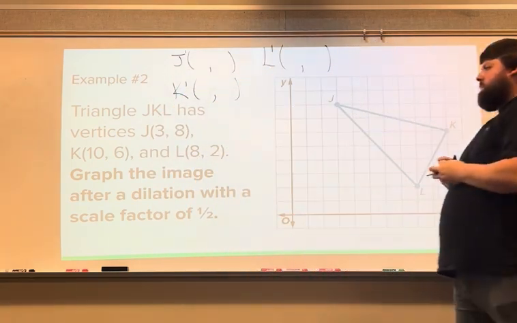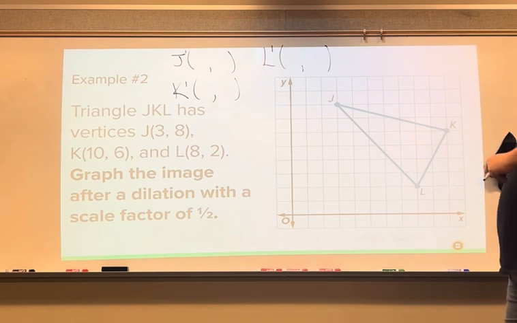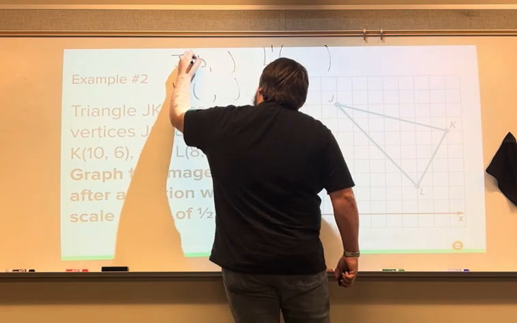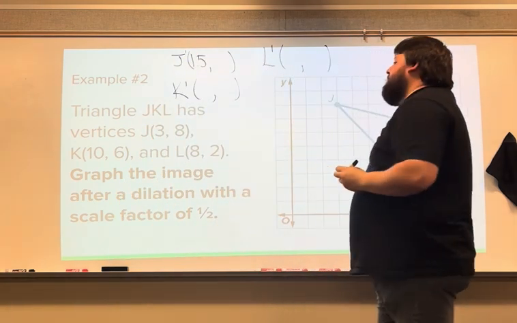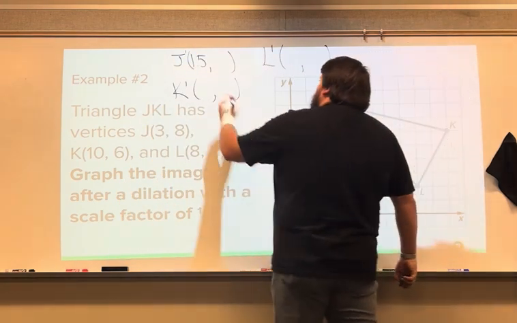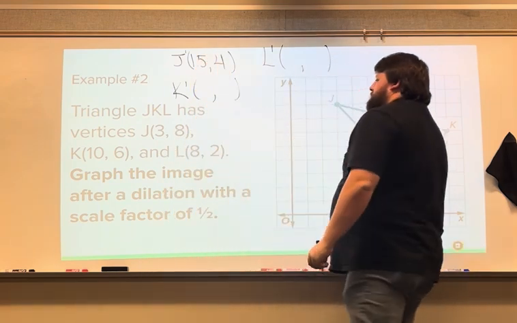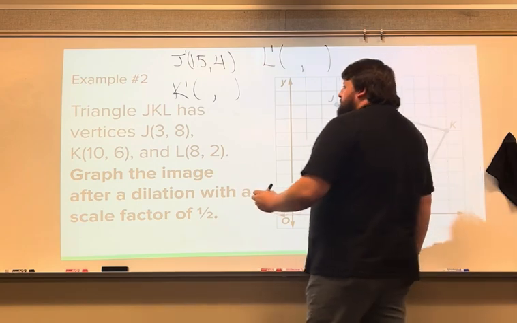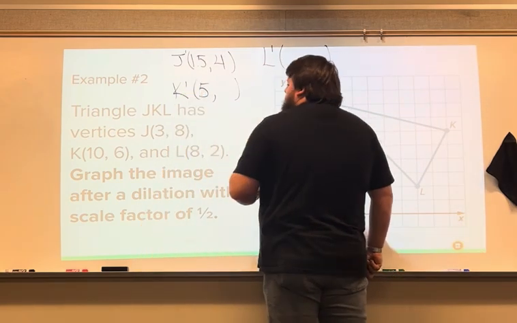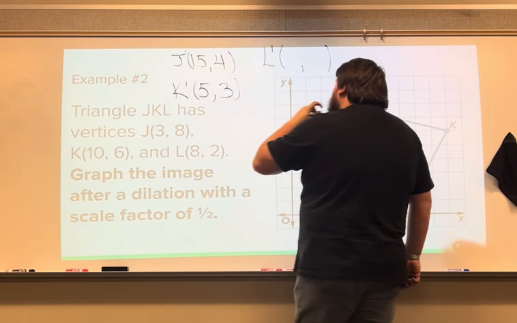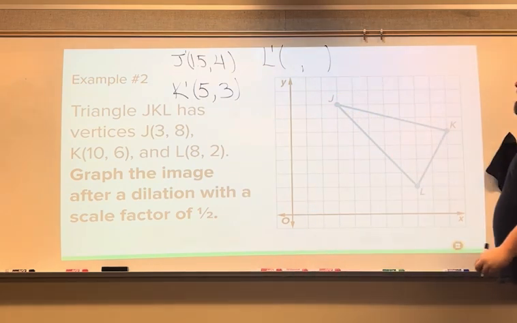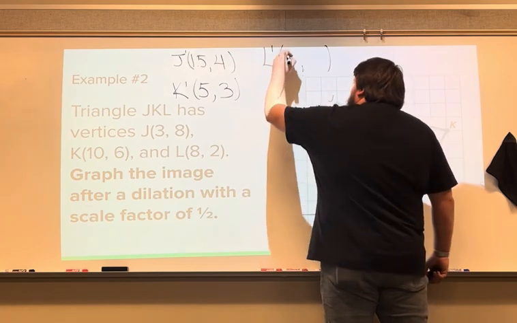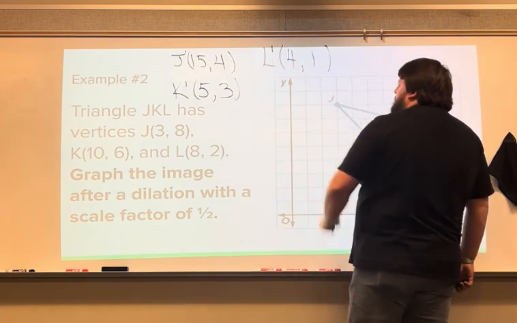Well, 3/8. We take 3 times 1/2, we get 1.5. And then we get 8 times 1/2, and that gives me 4. I then have 10/6, so I have 10 times 1/2, which is 5. 6 times 1/2, which is 3. And then I have L prime, which is 8 times 1/2 gives me 4. 2 times 1/2 gives me 1.